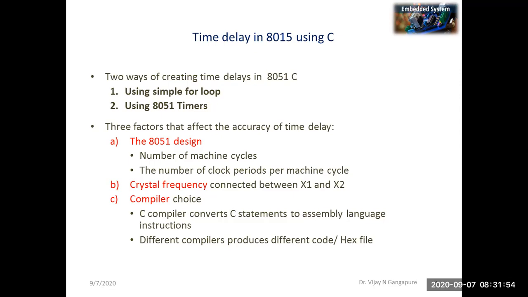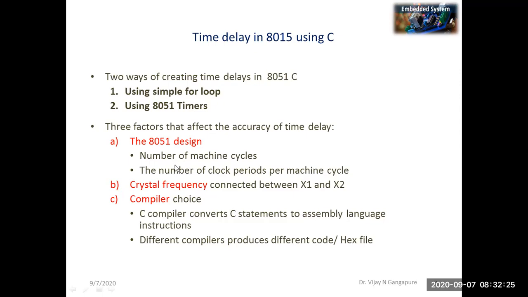Actually there are three factors that affect the accuracy of the time delay we are generating. The first factor is the 8051 design. We select a particular microcontroller from the family of 8051 microcontrollers, and its particular design can affect the accuracy of time delay. There are two factors under this 8051 design.